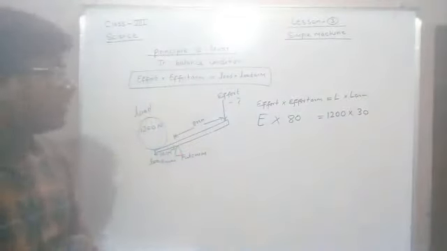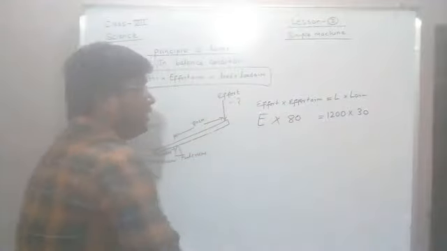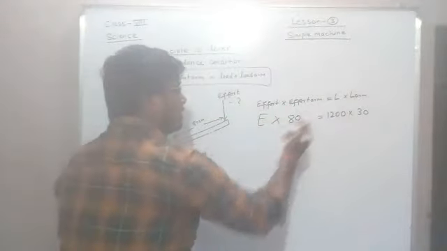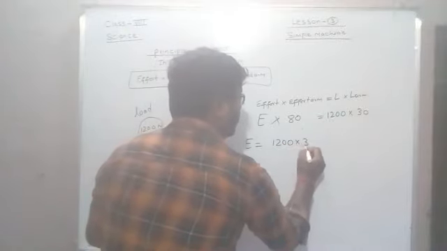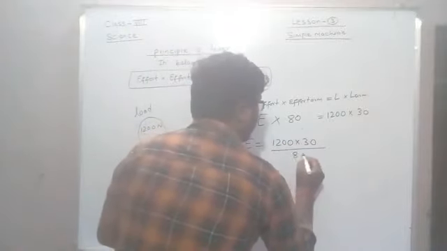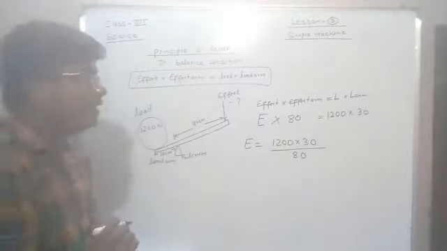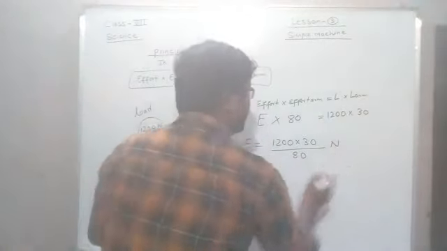Transferring 80 to the right hand side, effort is equal to 1200 into 30 divided by 80. We will get the answer in Newton.